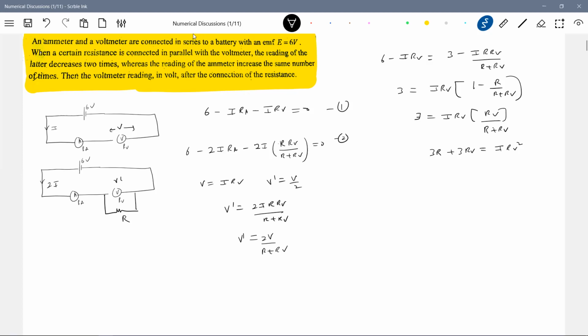V dash, some value I should get. So the value I should get means R and RV should be in terms of... Sir, downwards there you wrote V dash is equal to 2V by R plus RV. There you forgot one R, sir. Oh, here R is there, no?